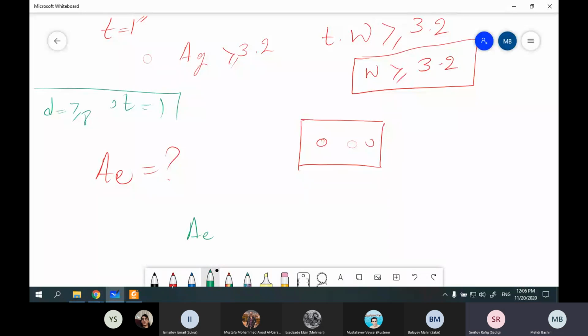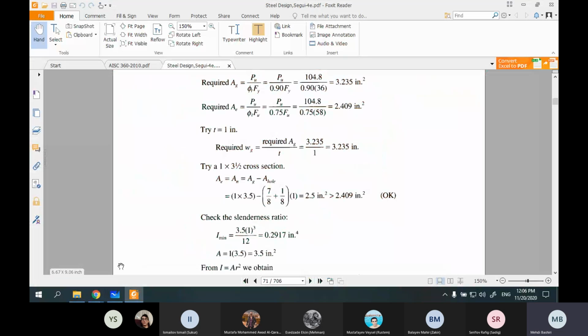Ae is Ag minus the hole, Ag minus t times (d plus 1 over 8). And U is 1 here. You should know that U is 1. Why? Because it's a plate. If you go through that table, for plates, U is 1.